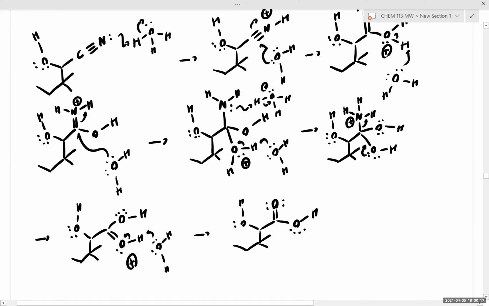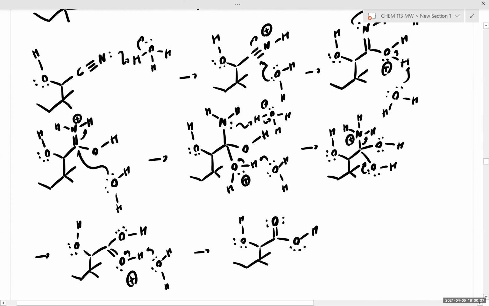So although this mechanism is steppy, sure, if you break down each of the steps, it reminds us very much of many other typical carbonyl addition mechanisms and the mechanisms that we discussed in terms of acetal hydrolysis. Does this mechanism make sense to everyone for nitrile hydrolysis to give a carboxylic acid?